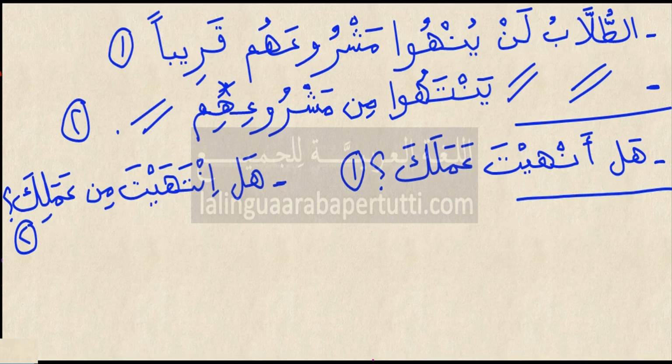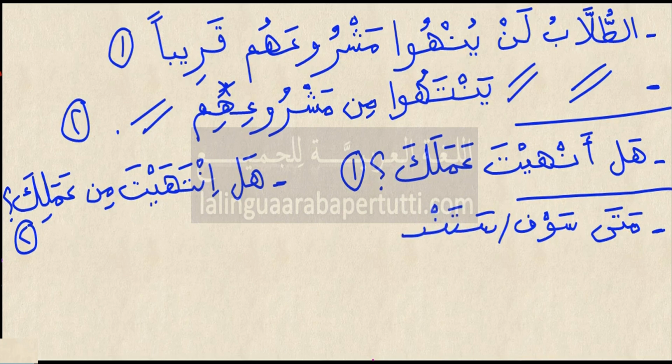Number three, it was when will the war end? We said war is harb. What do you think? Okay, let's see. متى, you can use سوف, or you can use immediately sa, but you connect sa to the verb. متى سوف تنتهي or ستنتهي الحرب.